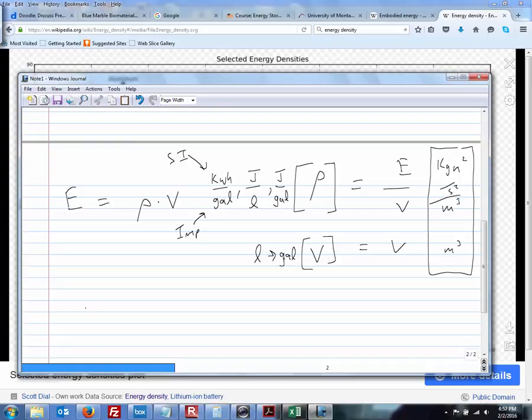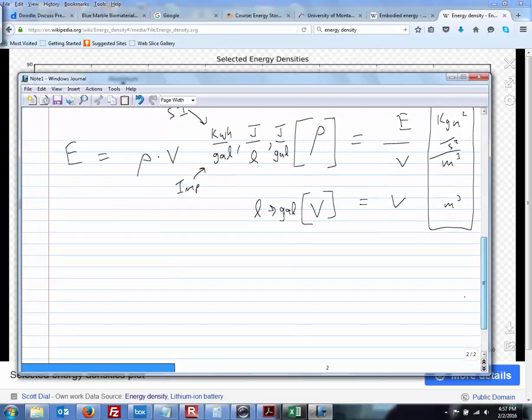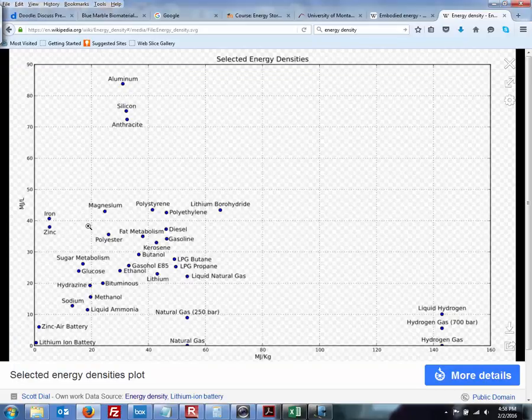Okay, so here we go. If you guys want to do it a different way, that's fine. I'm going to show you my little energy accounting methods. We were just out here at energy density, and we came up with 34 megajoules per liter.